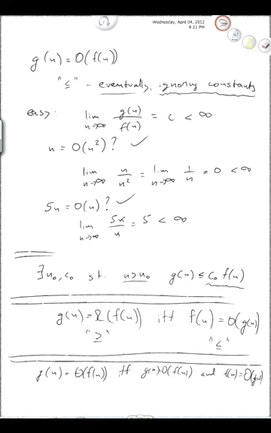So both of those have to be true for the theta statement to hold. And let's take a look at one simple example of that. So is 5n theta of n?